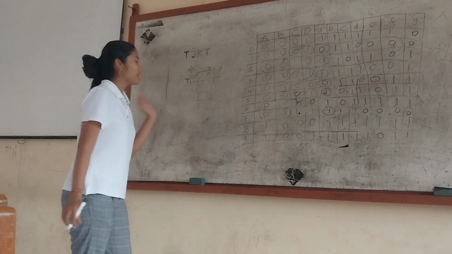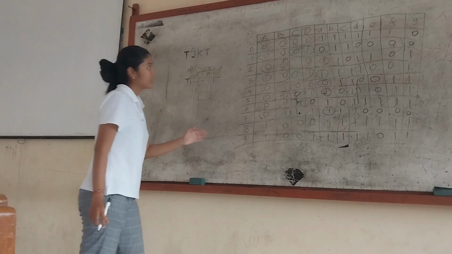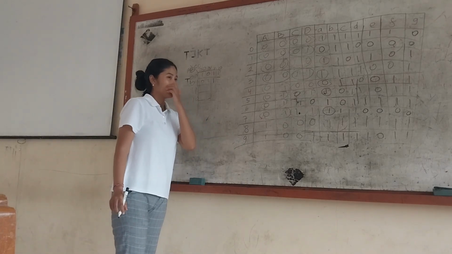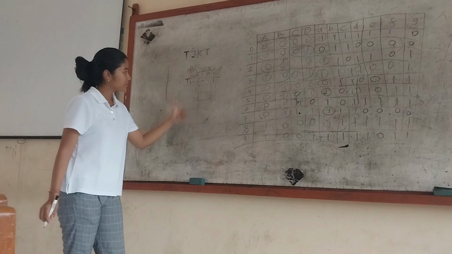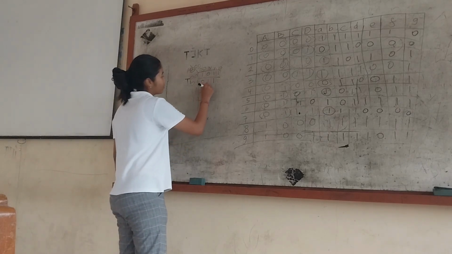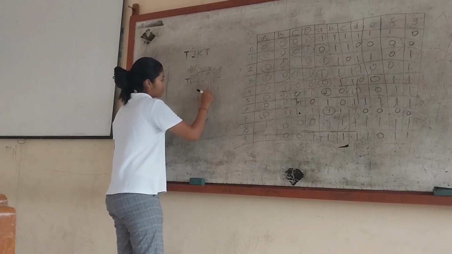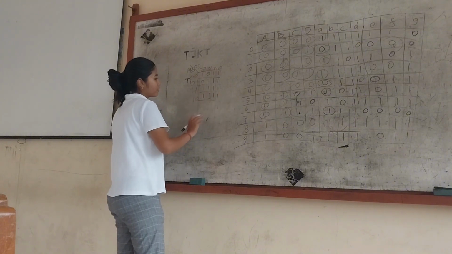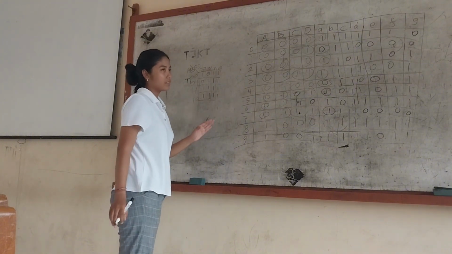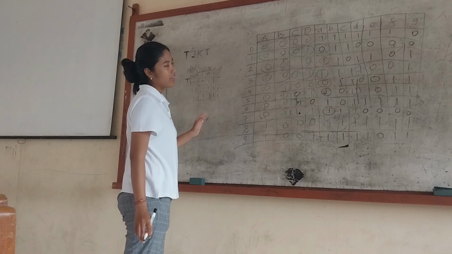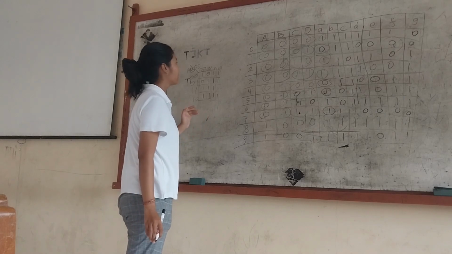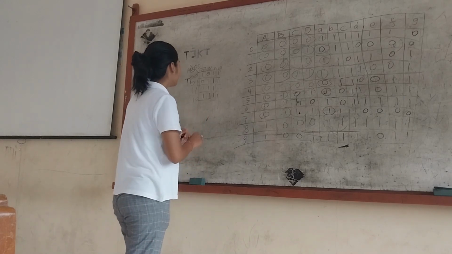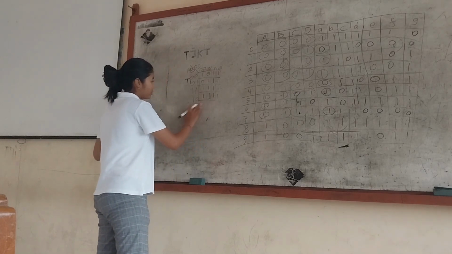Because I just make it up to 9 in BCD, here we just write 1, 1, because we don't need 10 till 15. So this is the Karnaugh map of the A output.